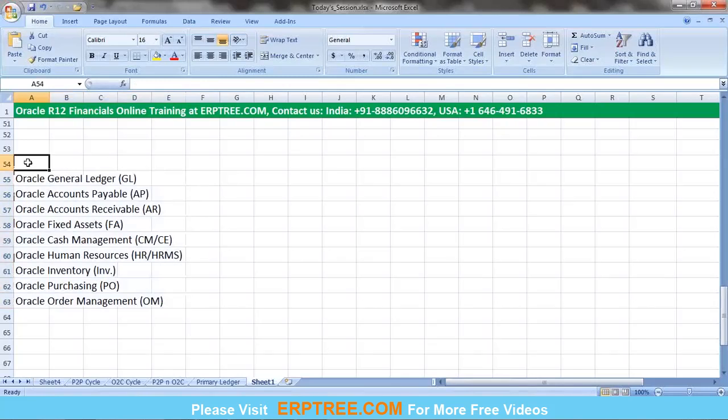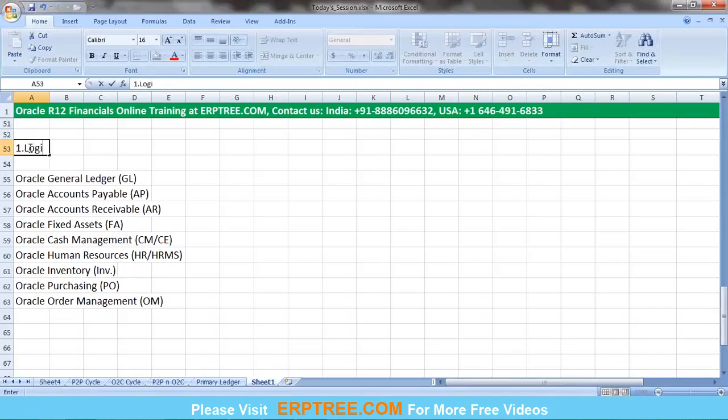When you are working in real time, we'll be using a fresh instance. In a fresh instance, we'll have one username and password. What is the username we'll have in the fresh instance? Sysadmin. So the first point is we have to create the responsibilities. To create the responsibilities, you have to access the system as the sysadmin user.